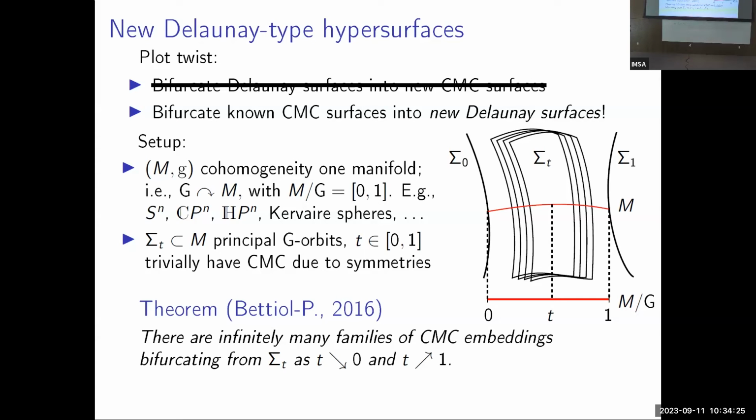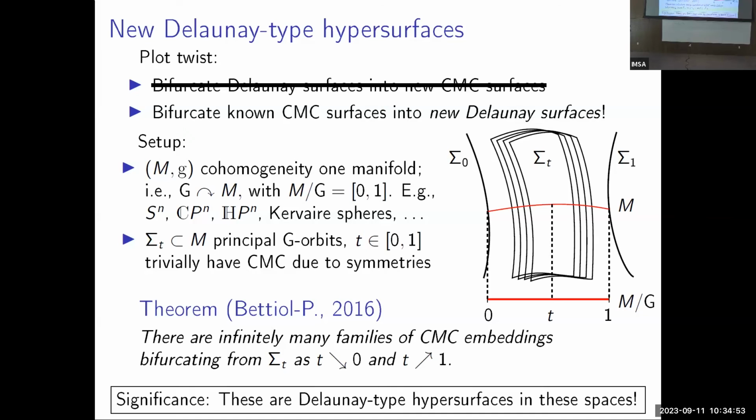And as this happens, like for the Euler buckling problem, you give more energy, you give more curvature, it goes to infinity, you must have bifurcation there. And you create new solutions which are no longer invariant by the entire group. So they lose symmetry, but we have infinitely many of them. And this is what we call the new Delaunay surfaces in this situation.